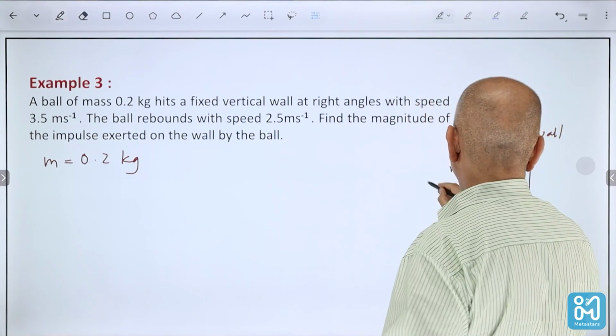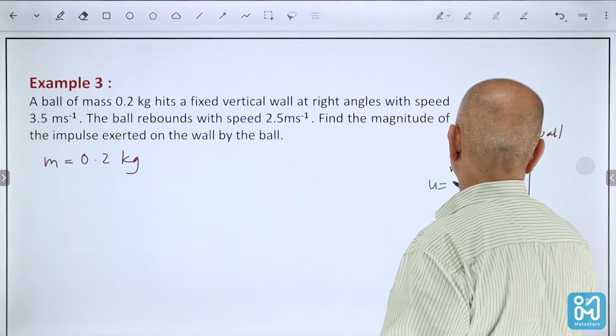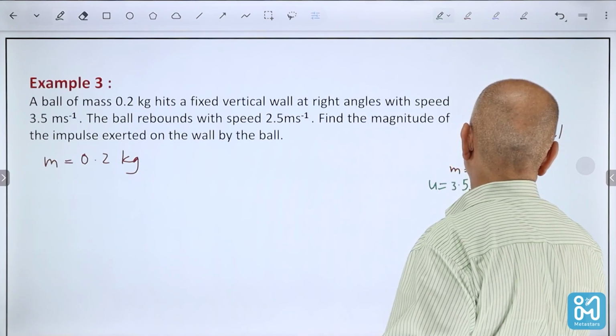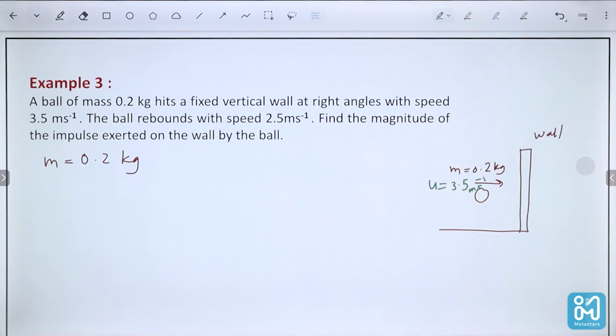So the initial speed u equals 3.5 meters per second.